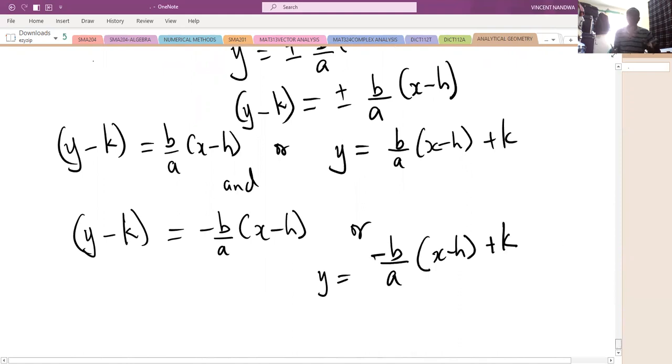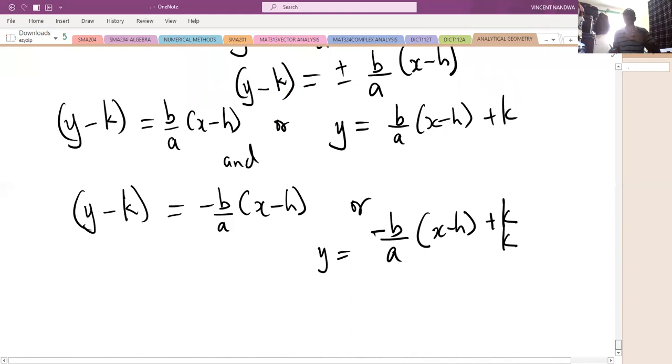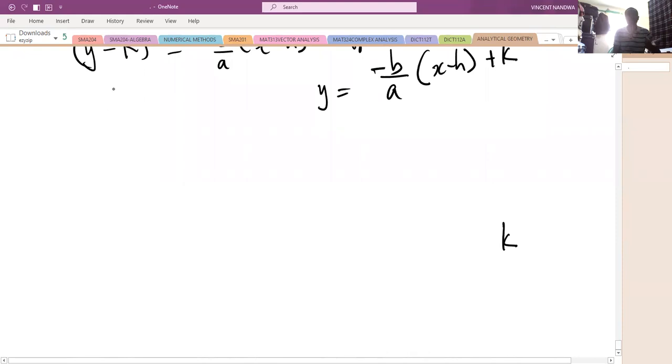And then for case D, the last case, when now the transverse axis is parallel to the y-axis, it's very easy to actually get the same answer.